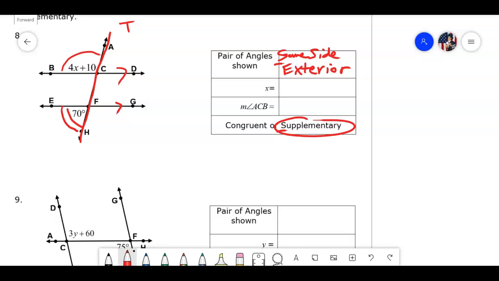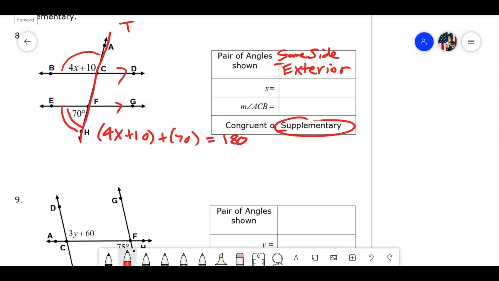So remember, for supplementary, you do not set them equal. You add them up. So 4x plus 10 plus 70 equals 180. Now I'm going to solve it by hand, but I'm going to remind you of how to do the n-solve method too. Cool.